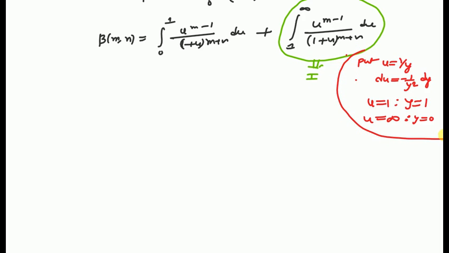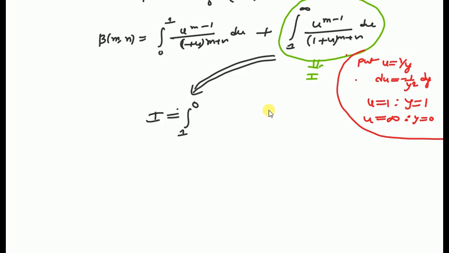Now what happens to this integral? First we'll concentrate on this integral, which as I said already I have taken as I. So this integral will become, with the limits changed, I equal to the integral from 1 to 0, since when u is 1, y is 1, and when u is infinity, y is 0.